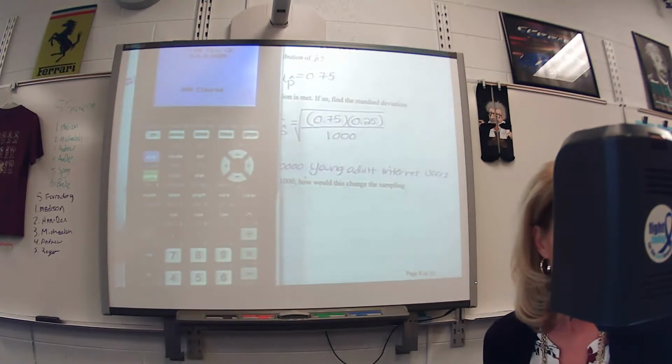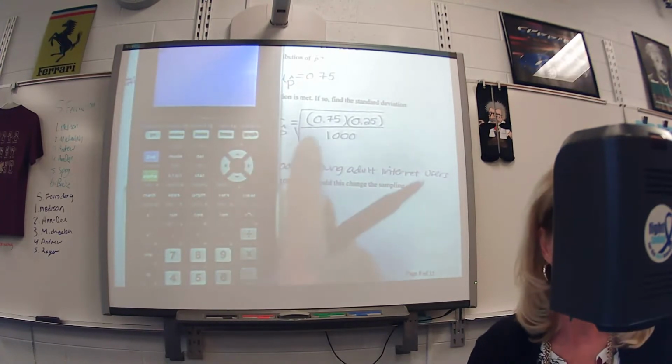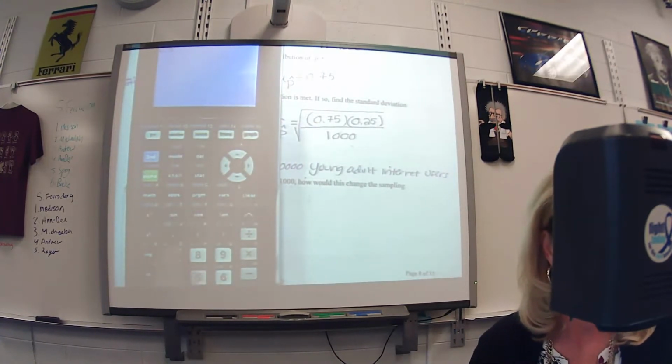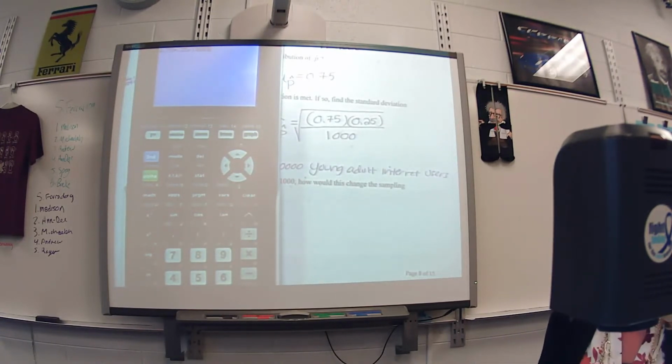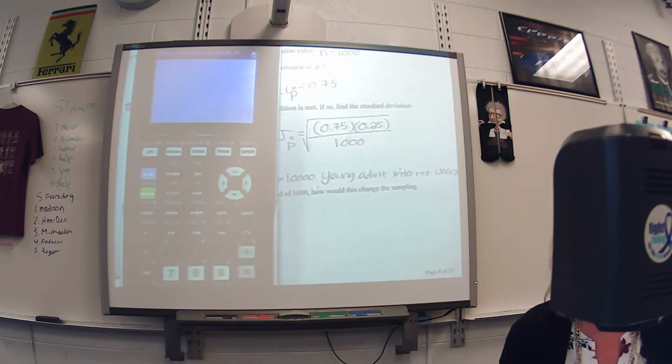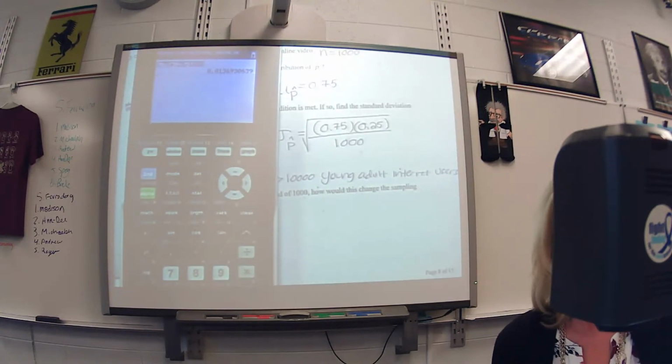You should be able to type that in a calculator all in one step. Pull up a square root and go straight through: 0.75 times 0.25 divided by 1,000. You don't need extra parentheses. Order of operations should all be fabulous. So I'll call it 0.014.